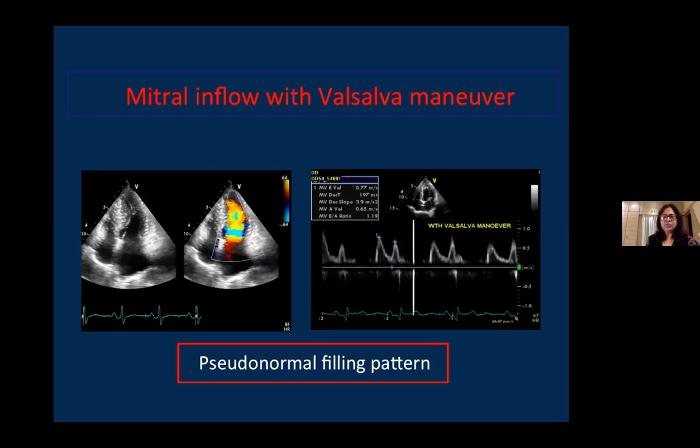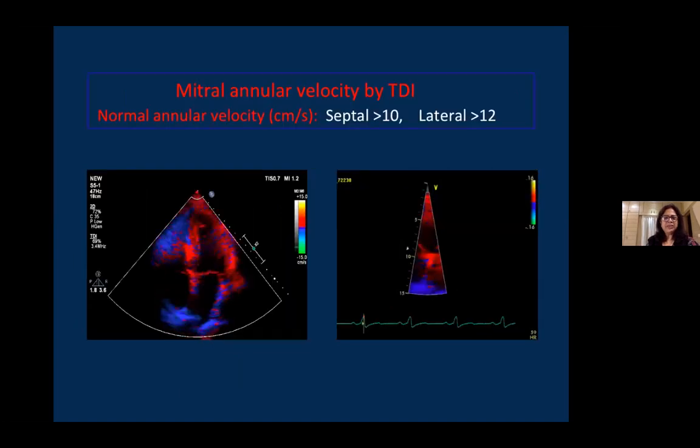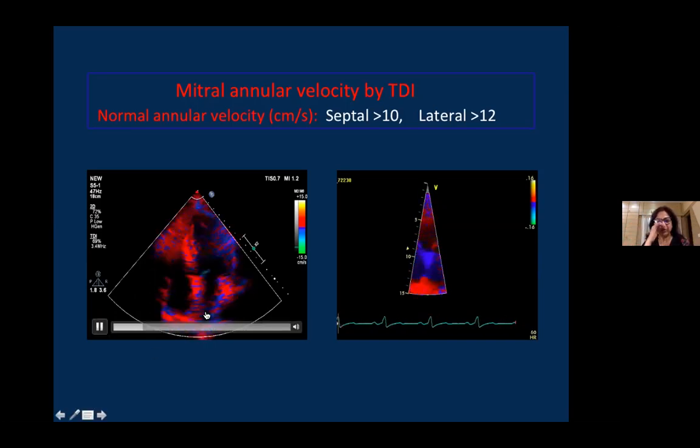Now let us go to the second parameter for differentiation of normal from the pseudo-normal pattern. Till now, we were talking about the pulse wave Doppler of the blood cells inside the cavity of the left ventricle. Tissue Doppler imaging is one modality where we don't measure the velocity of the blood cells, but we measure the velocity of the tissue.